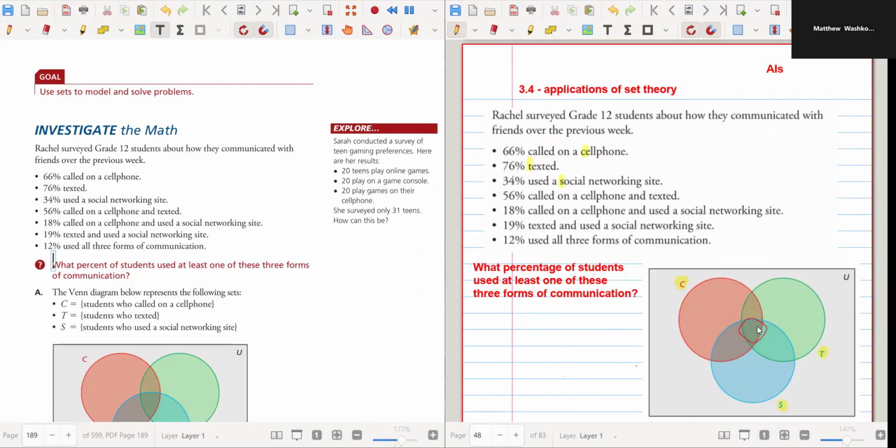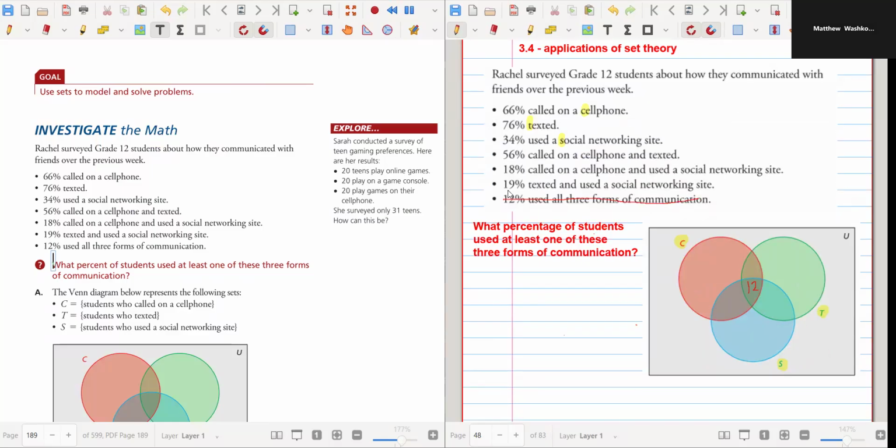I know that there are 12 people who used all three forms of communication. So that's the first thing we know. Now, what I also know is that 19% texted and used the social media site, so that's this part.